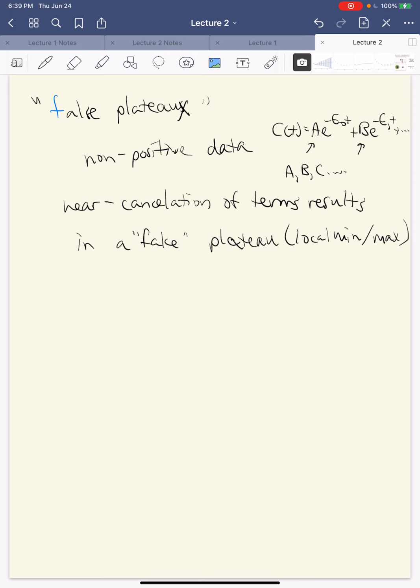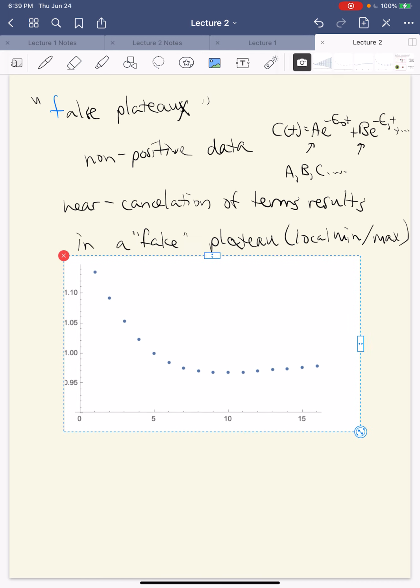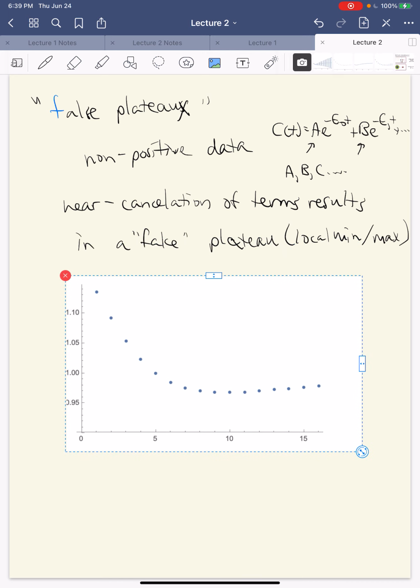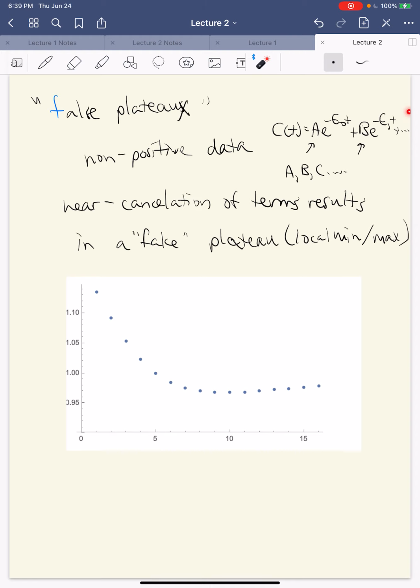Let's see. This guy. Okay. So here is an example. I have produced some fake data by just writing down something like this and plugging in numbers for A, E naught, B, E1, etc. And I've allowed the A, B, C coefficients to be different in sign.